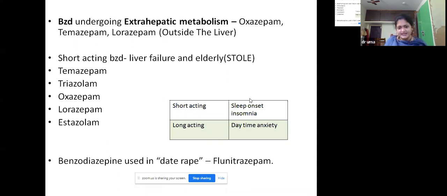Because they are short-acting, they can be used in liver failure and also in the elderly. When the drug is short-acting, it can be used for sleep onset insomnia. When it is long-acting, it can be used for daytime anxiety. And the benzodiazepine which is used as a date rape drug is flunitrazepam.